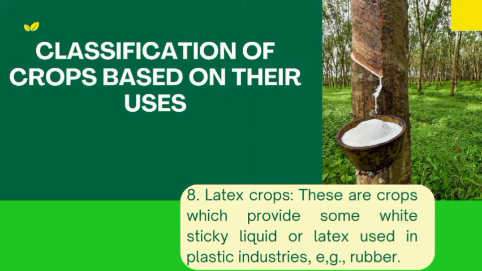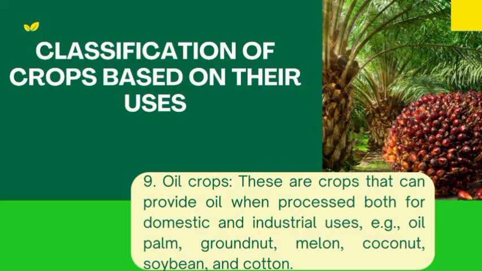It's very, very important. Then we have oil crops. These are crops which can provide oil when processed, both for domestic and industrial uses. By the time you process them, maybe you boil their seed, you can extract oil from it, and this oil can be used in the kitchen, for domestic purposes.